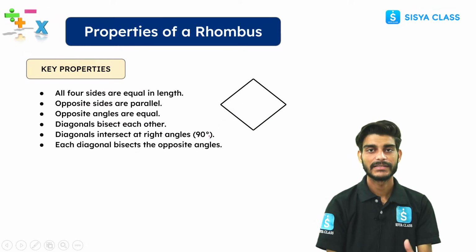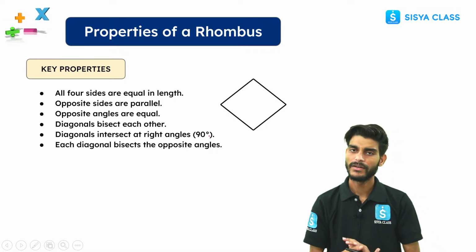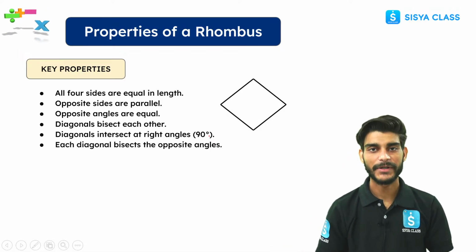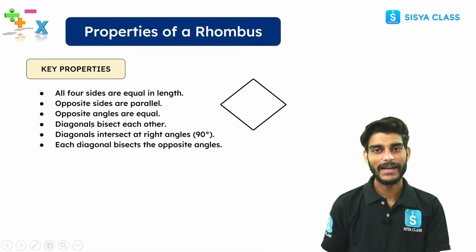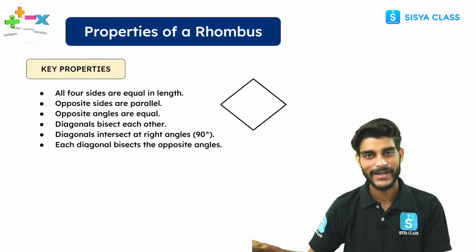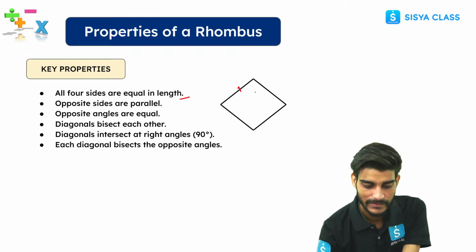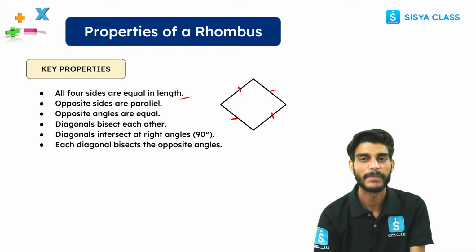Now let's see some properties of rhombus. Till now we know that all four sides of a rhombus are equal. But there are also some extra properties that it satisfies. Obviously, since it is a parallelogram, it will satisfy the properties of parallelogram. So all four sides are equal in length. Opposite sides are parallel.